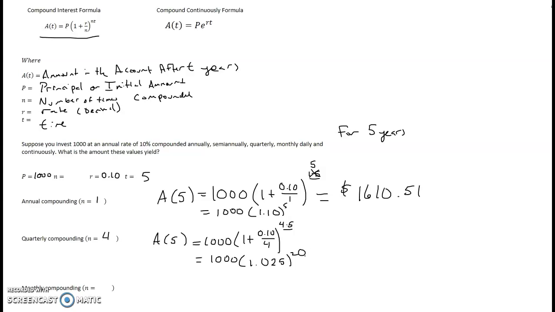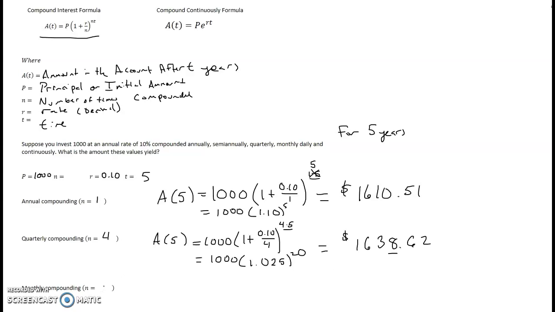So 1,000 times 1.025 raised to the 20th power gives me $1,638, and we're going to round this to the nearest cent. It would be 62 cents. So if I compounded quarterly, you can see I picked up a little bit more money.